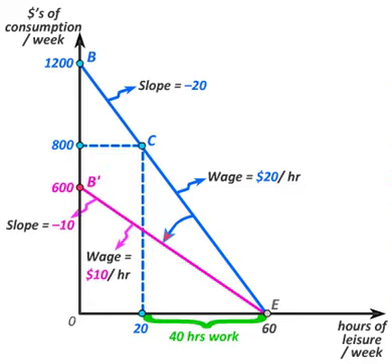Notice that if you didn't know what the goods were on the two axes, if you just thought the good on the horizontal axis was x1 and the good on the vertical axis was x2, you would look at the blue and magenta budget constraints and conclude that from the blue to the magenta budget constraint, the price of good 2 has increased.